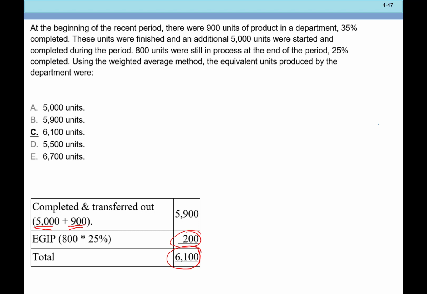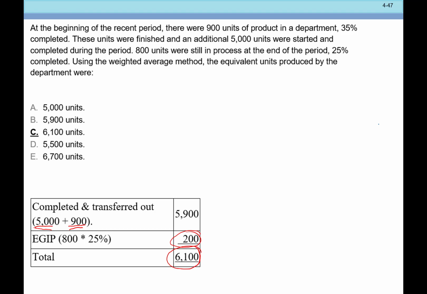So you have to shift up your reading comprehension a little bit and say at the beginning of the most recent period, there were 900 units of product in the department, 35% complete, which of course does not matter under the weighted average method, which is what we're still looking at here. These units were finished and an additional 5,000 units were started and completed during the period, and 800 units were still in process.